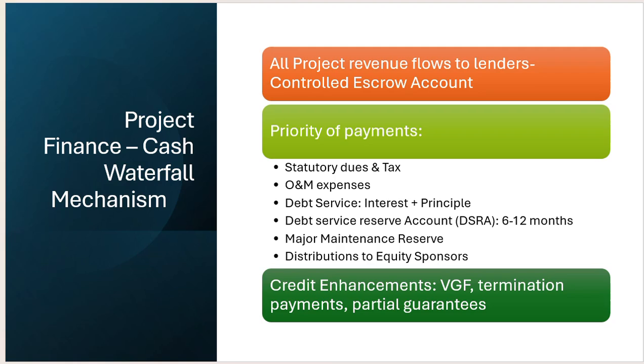Then finally the distribution to the equity sponsor, where the amount goes to the equity sponsor. Then credit enhancement, where the viability gap funding framework is there, along with termination payment and partial guarantee.